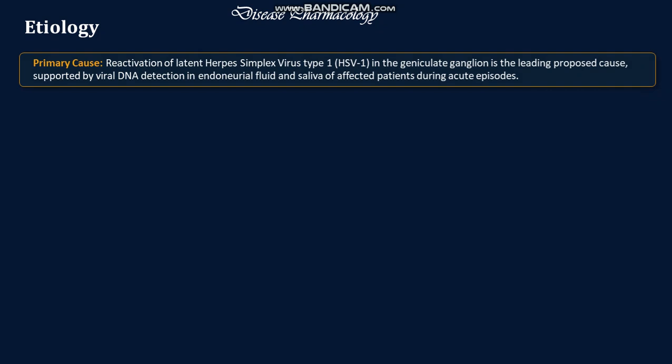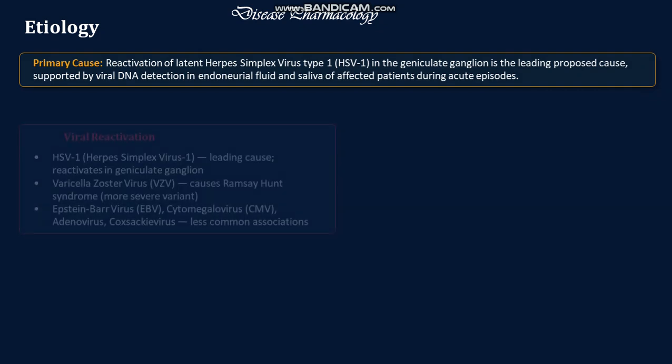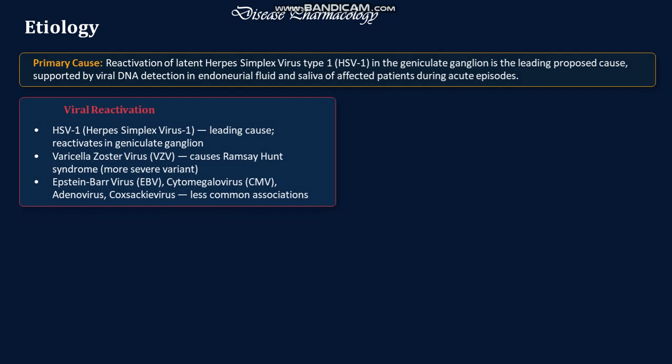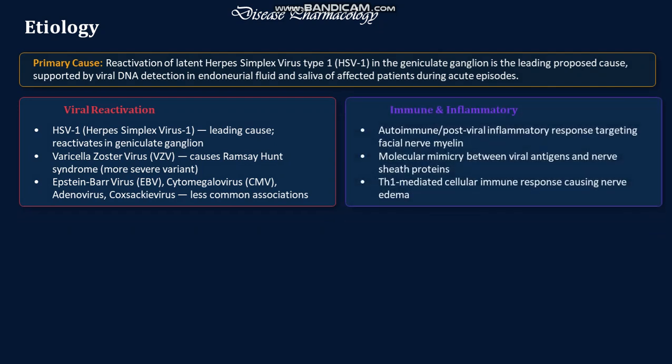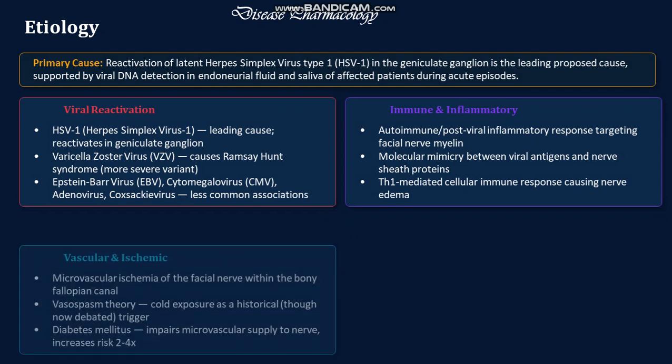Herpes simplex virus in the geniculate ganglion is the leading proposed cause of Bell's palsy. Other viruses also involved are varicella zoster and Epstein-Barr virus. The viral infection causes an inflammatory response, targeting facial nerve myelin and destroying it, causing the nerve to be exposed and degenerated.